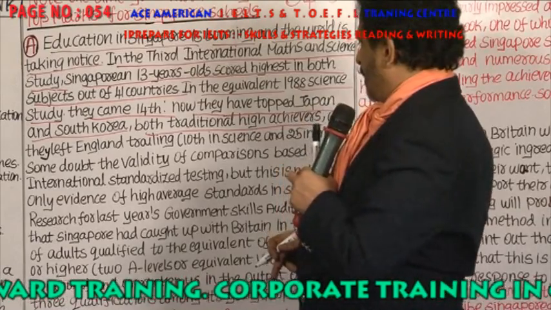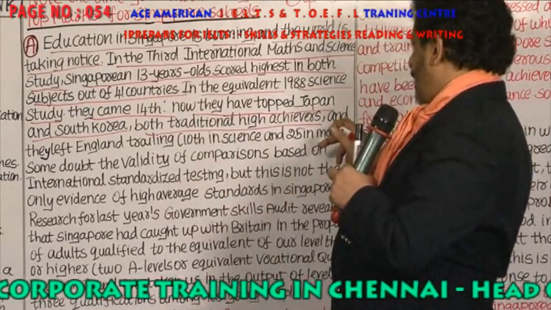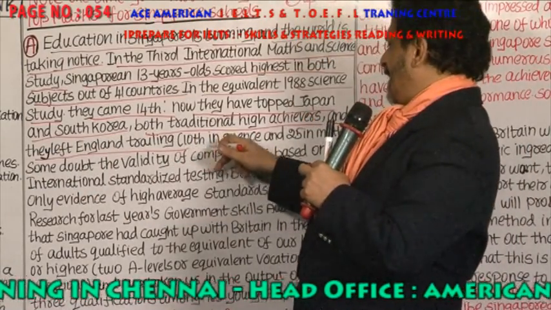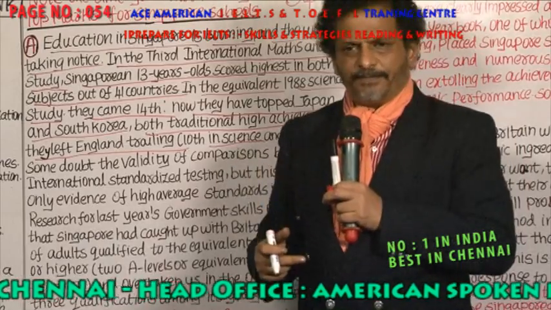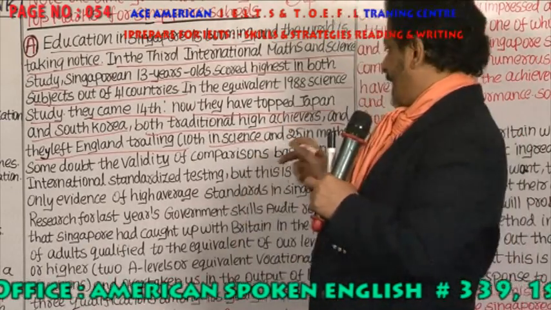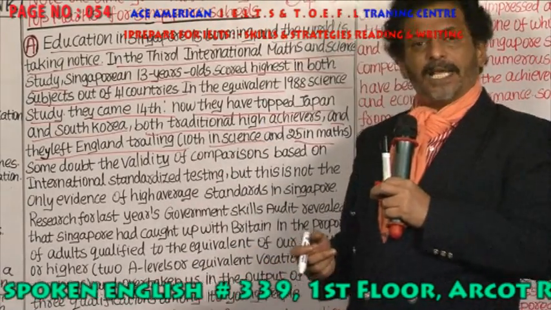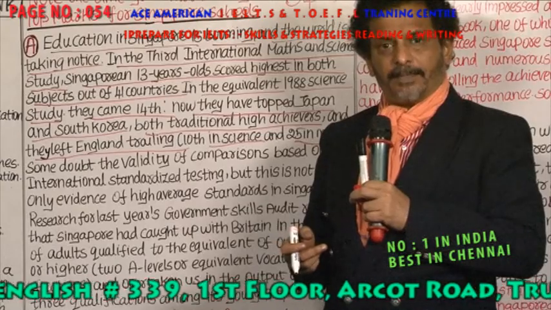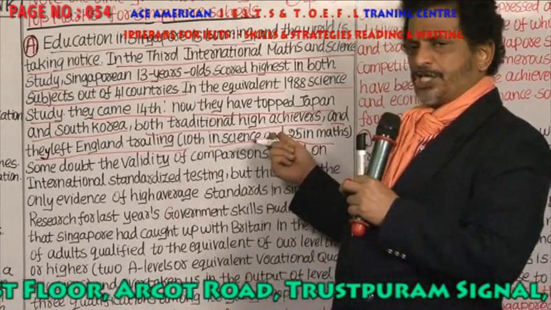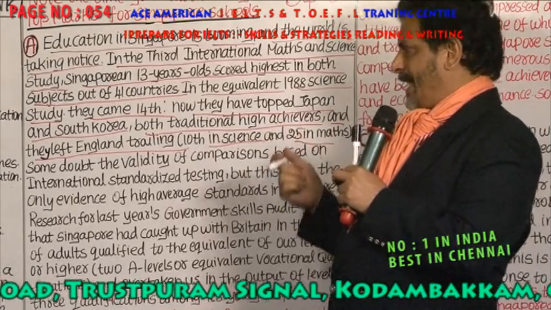And they left England trailing, 10th in science and 25th in mathematics, where Singaporeans came first. So the Britishers came 10th in science and 25th in mathematics.